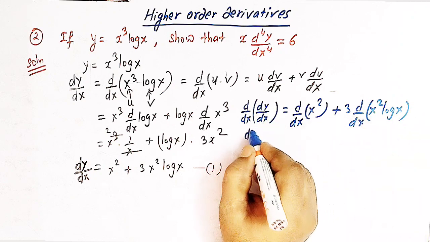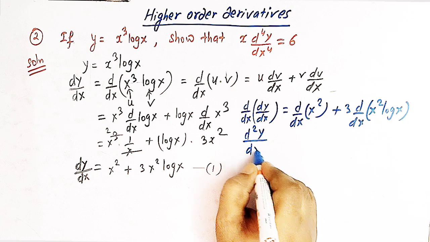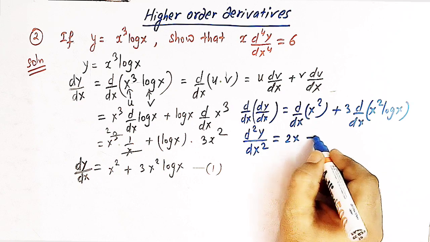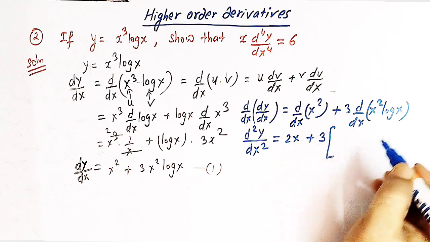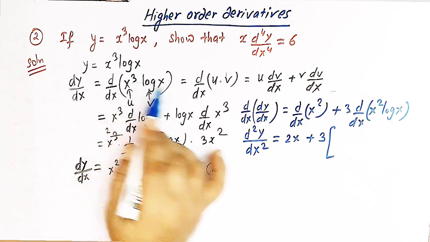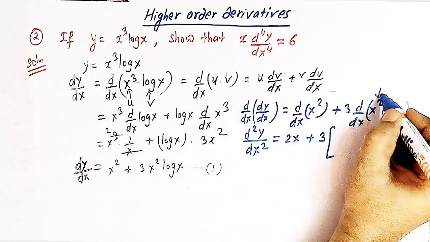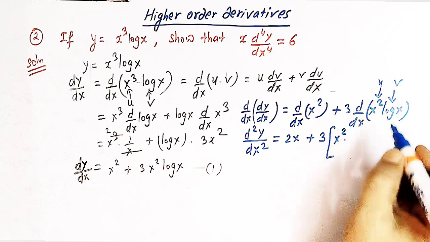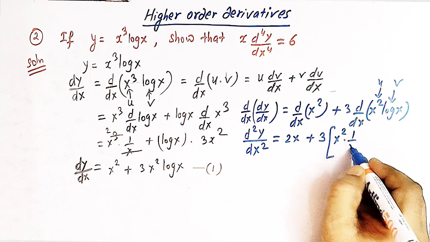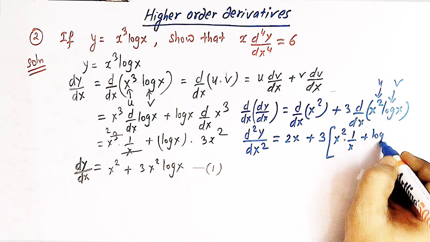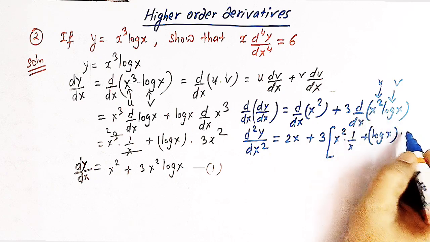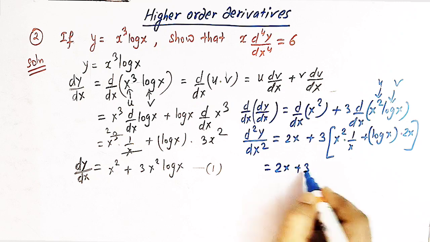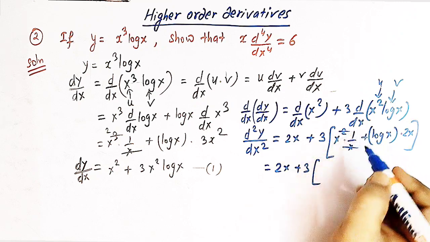So this is the second derivative, d2y over dx2, and here the derivative of x square is 2x, and here we have 3, and again applying the product rule, taking x square as u and log x as v, we have x square, then the derivative of log x is 1 over x, and then we have log x and the derivative of x square is 2x.